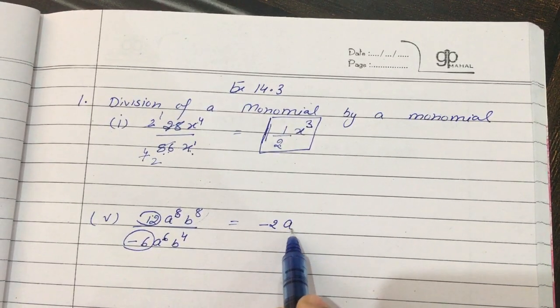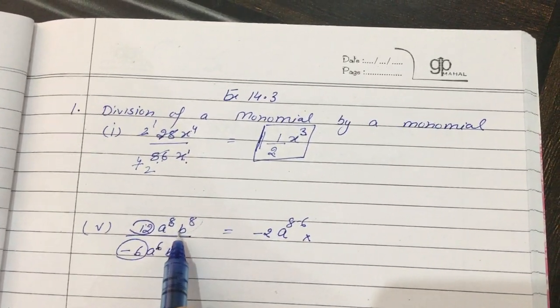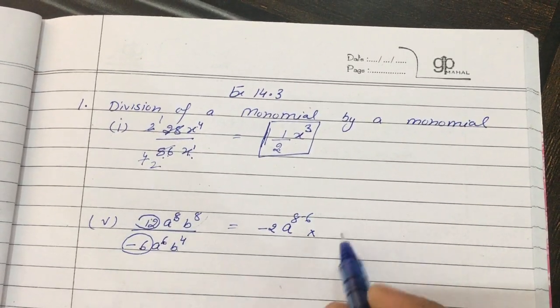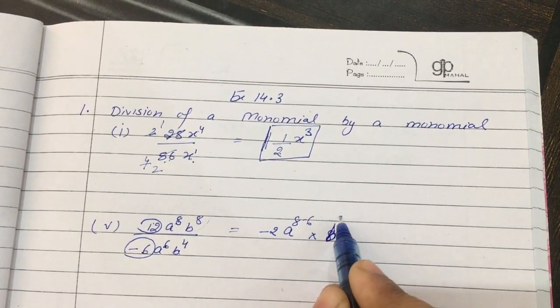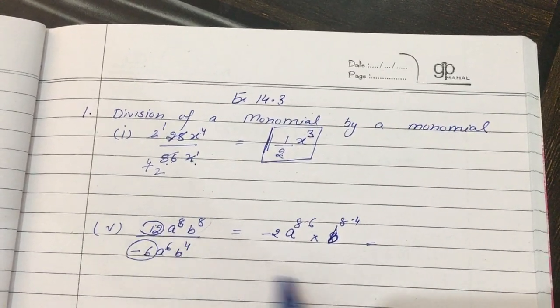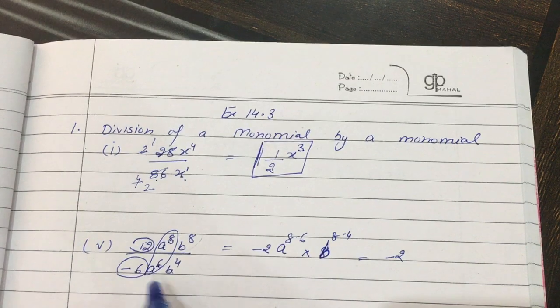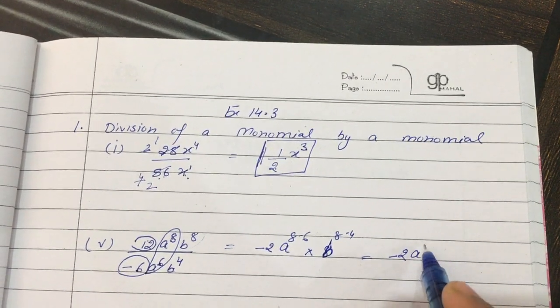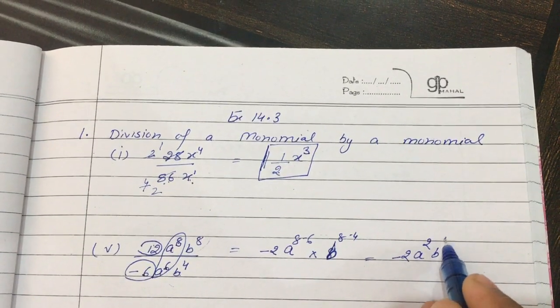That gives you a raised to power 8 minus 6, and here b is the same, and we will subtract, b raised to power 8 minus 4. That means division of the numerical coefficient gives you minus 2, division of these two terms with the same base gives you a raised to power 2, and these two give you b raised to power 4.